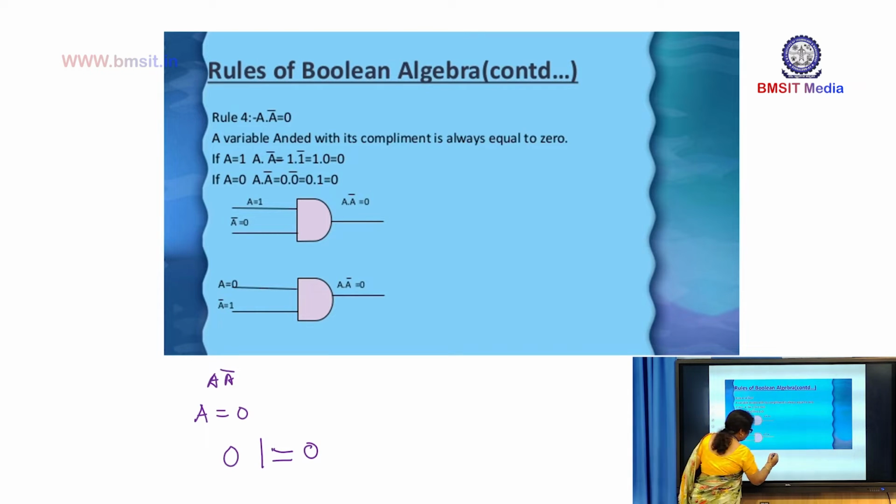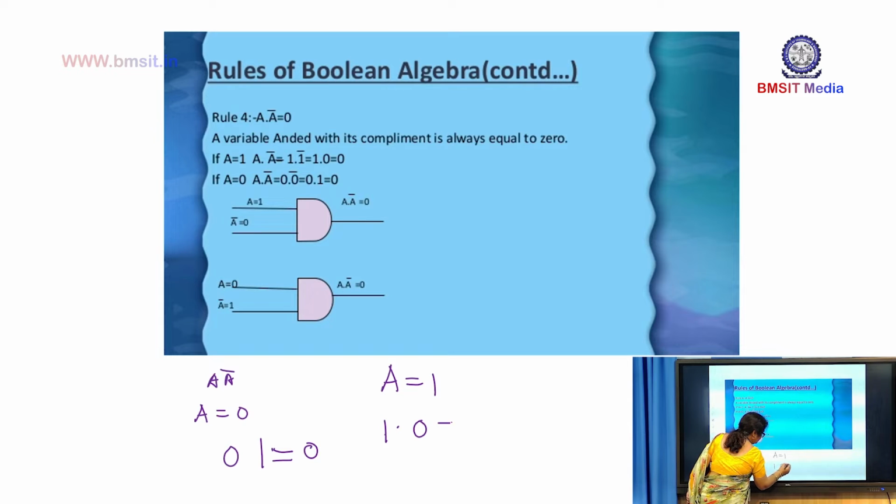Next I will take when A is equal to 1. What happens to this particular expression? It will become 1 into A bar, where A bar is the complement of 1, which is now 0. So, 1 into 0 will now become 0.